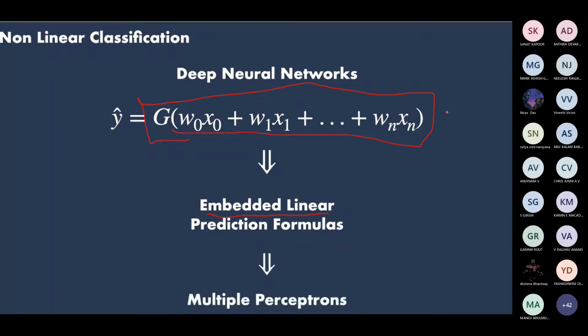So you can write another g of w0 x0 plus w1 x1 plus wn xn, then combine another g of w0 x0 plus w1 x1 plus wn xn, plus another one according to how many classes you want to classify, which will give you multi-layer, more than one single layer. This is a single layer, right? When I write the same formula again and again and combine it, it is called multiple perceptrons. You're getting the point, students, what I'm trying to say?